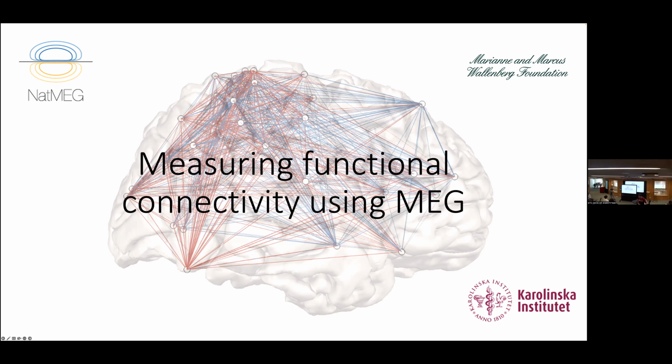So a lot of the things that I do now is to apply data-driven methods to study large-scale cortical networks that emerge under states of high working memory load and attention. And I will talk a bit more about these working memory networks towards the end of the talk.